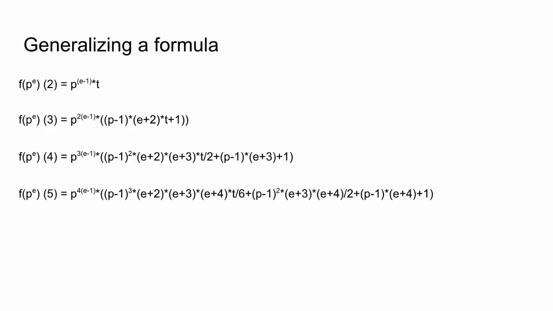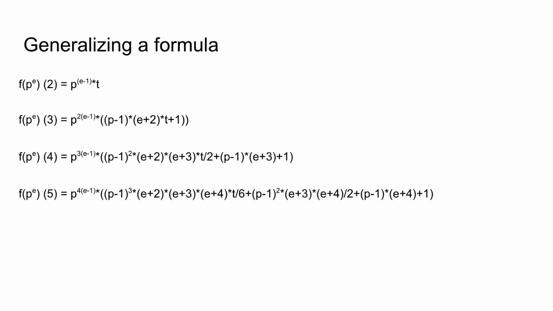So you'll notice now that there are a lot of terms that have p minus 1 to some power, right? And things like e plus 2 times e plus 3 times e plus 4, going up. You only see here that it goes up from e plus 2 to e plus 4, but that's only because we're dealing with 5 numbers.